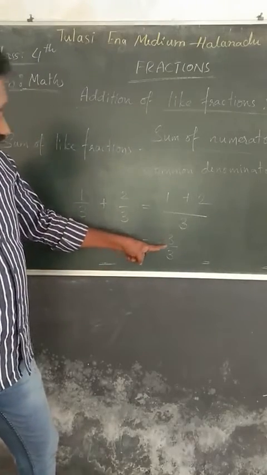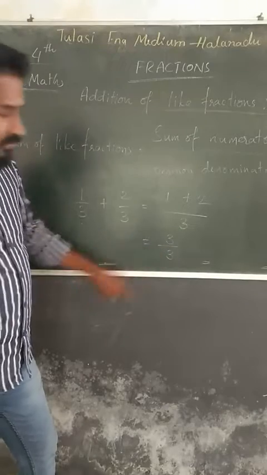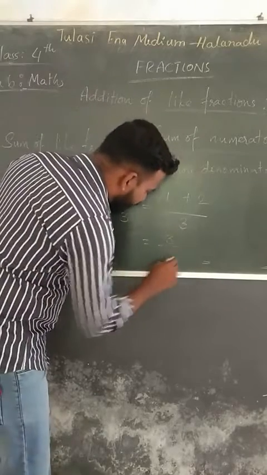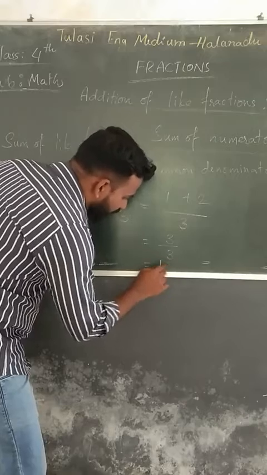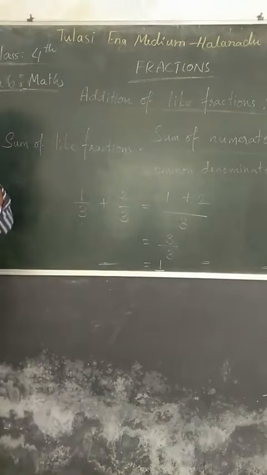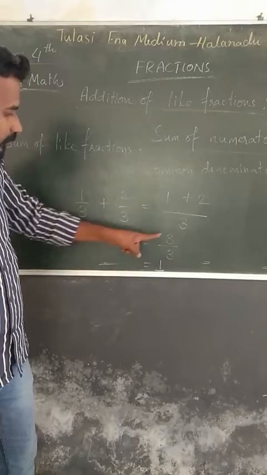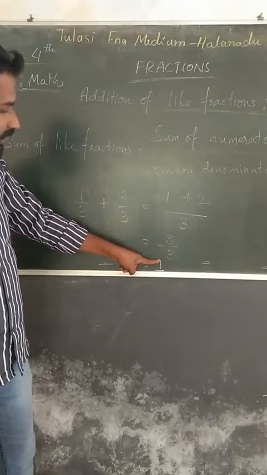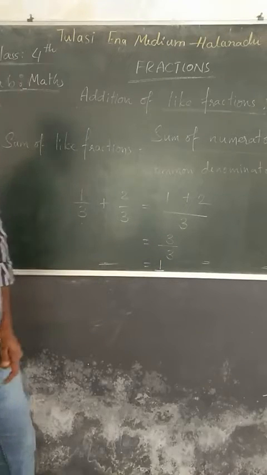If the numerator and denominator are the same, its value is 1.